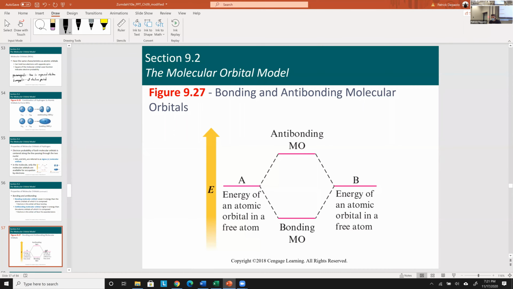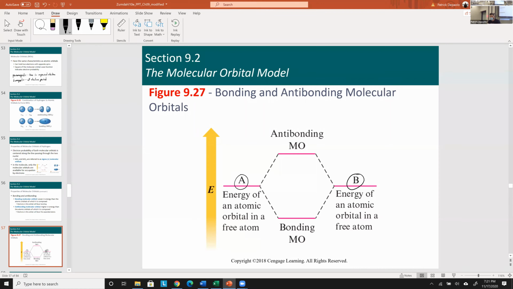We call that the bonding molecular orbital, because when atoms bond to each other, they have a lower energy state because the bond is favorable. So the electrons that partake in that bond are decreasing their energy level. Then you have the electrons that are in the orbitals of atom A and atom B, whatever.